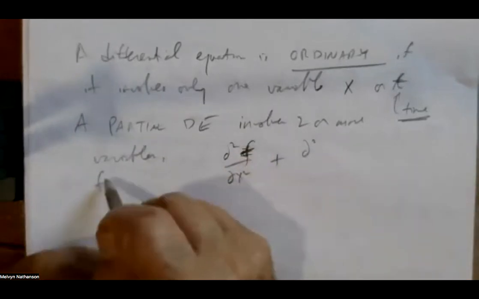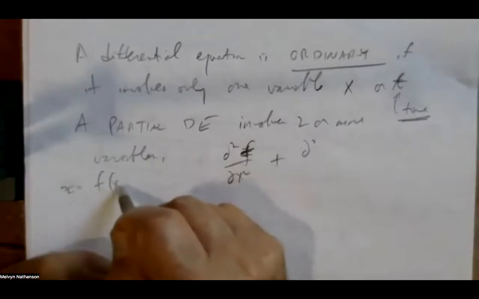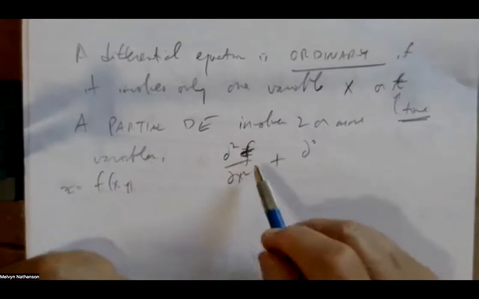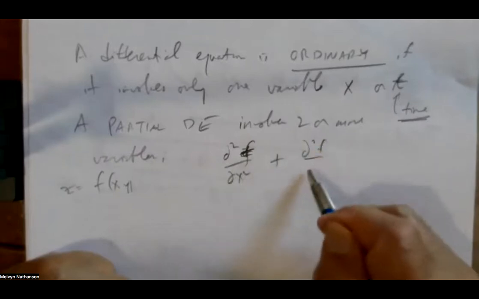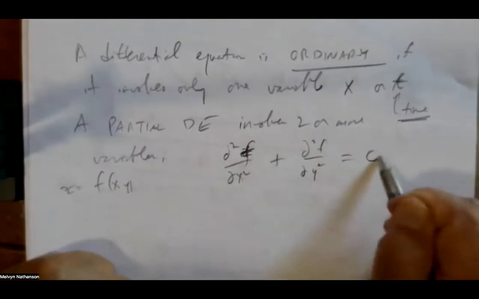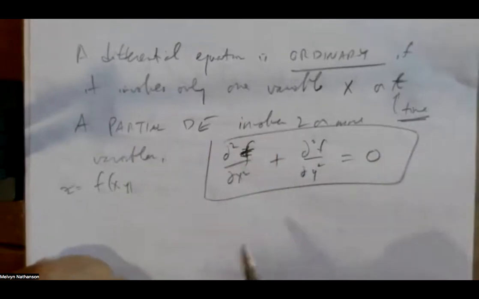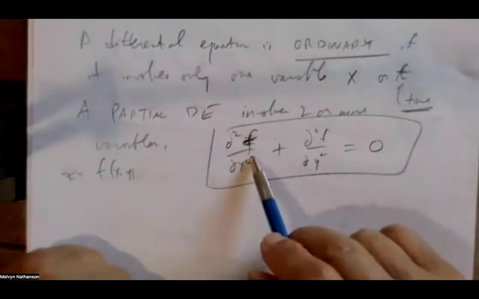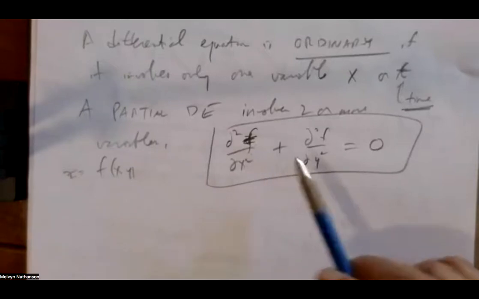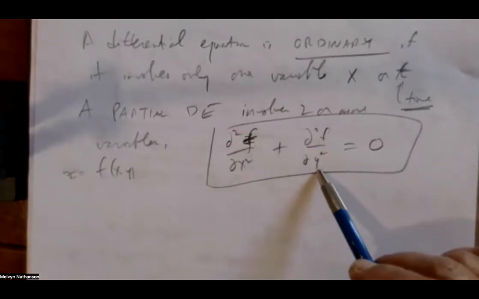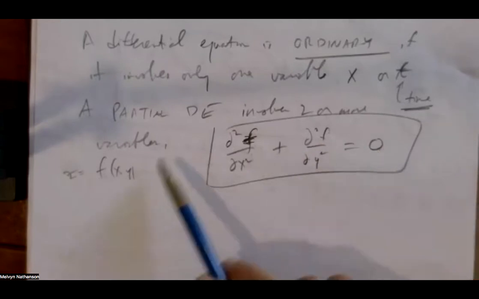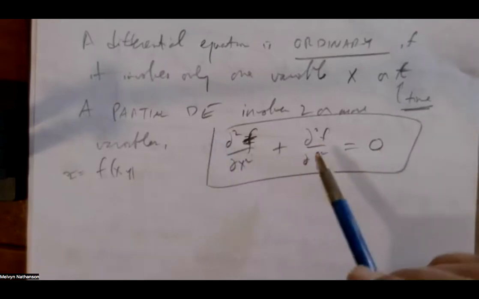So z is some function f of x, y, a function of two variables. If you take the second partial with respect to x and the second partial with respect to y, you get 0. Say you want to solve this equation: find all functions of two variables. That's an example of a partial differential equation.